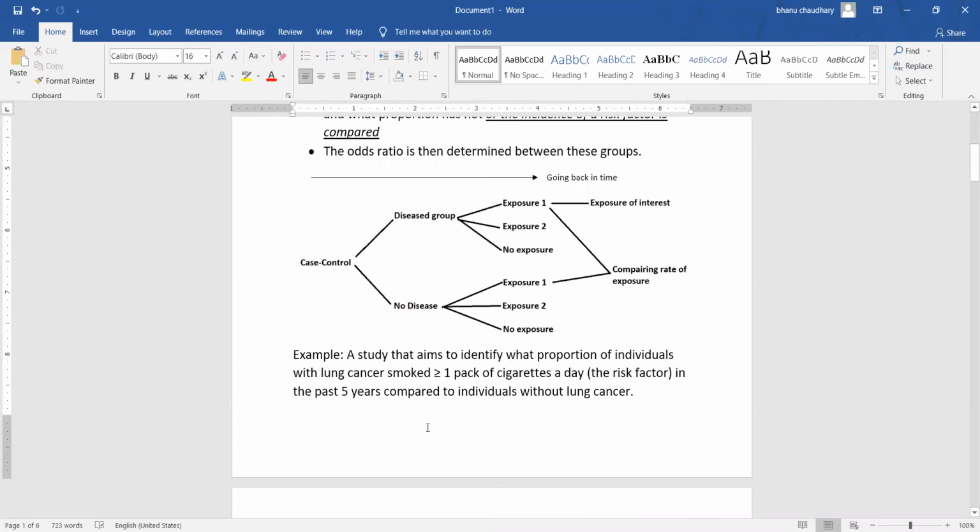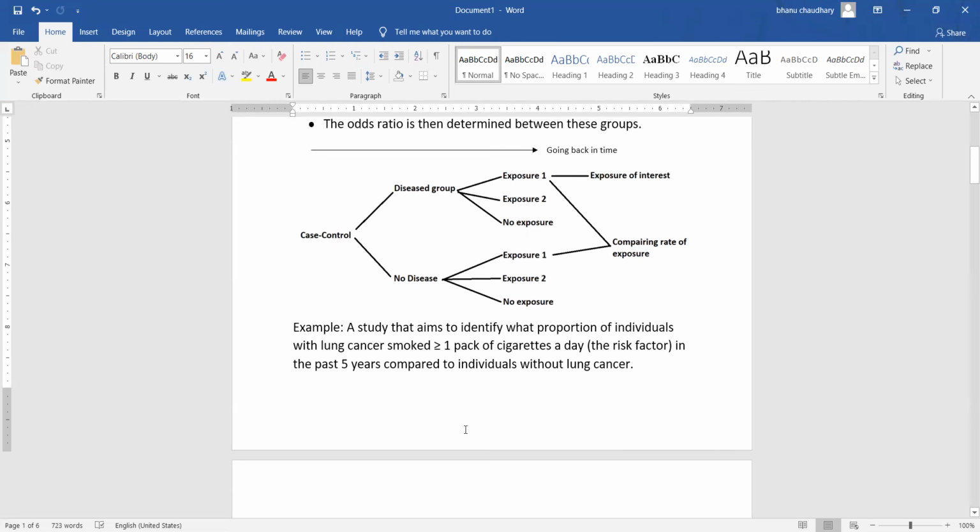For example, a study that aims to identify what proportion of the individuals with lung cancer smoked one packet of cigarettes a day for 5 years or not. So you want to know the prevalence of smoking one pack of cigarettes in the individuals with lung cancer and in the individuals without lung cancer.